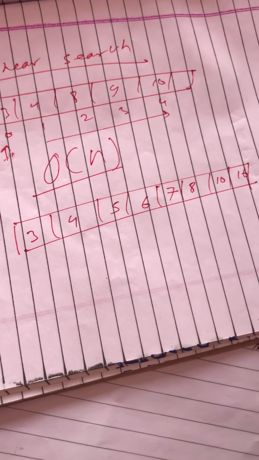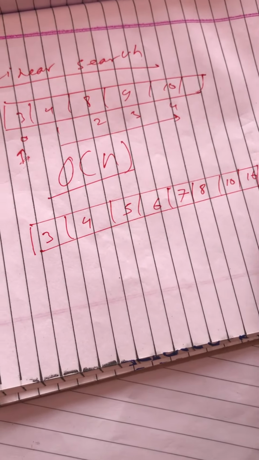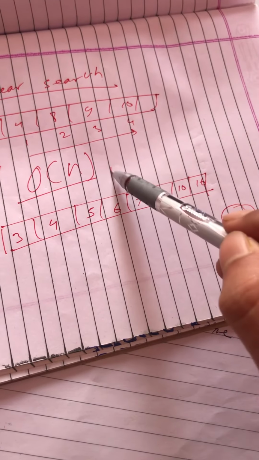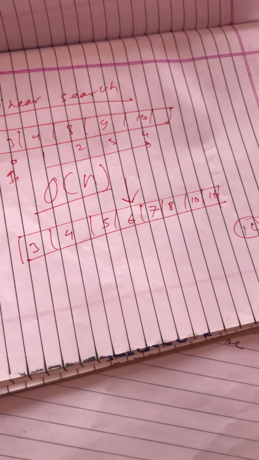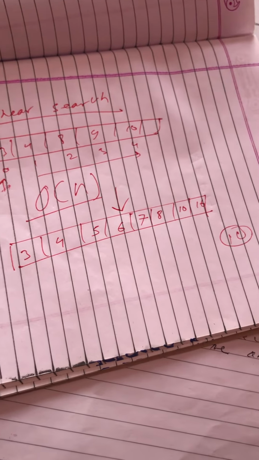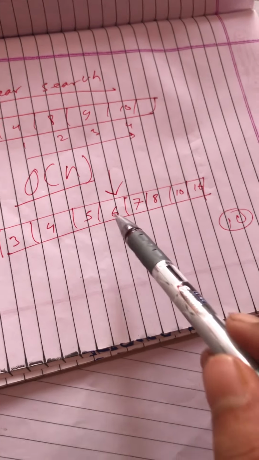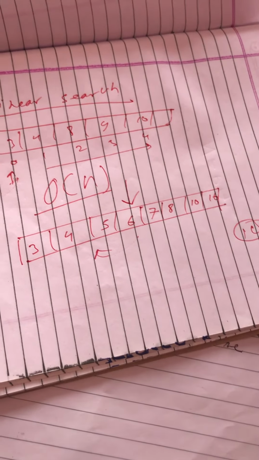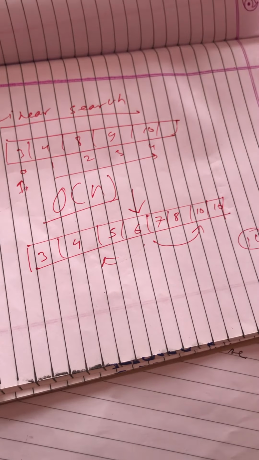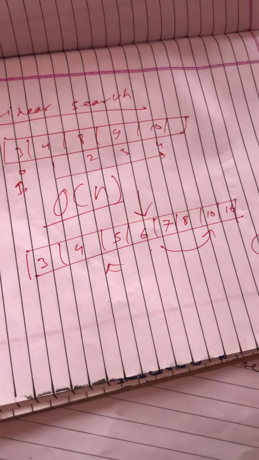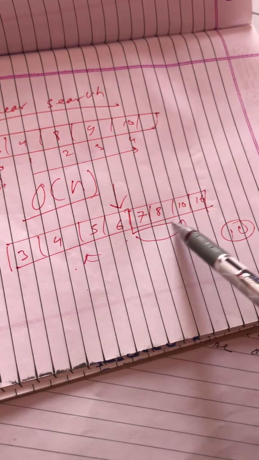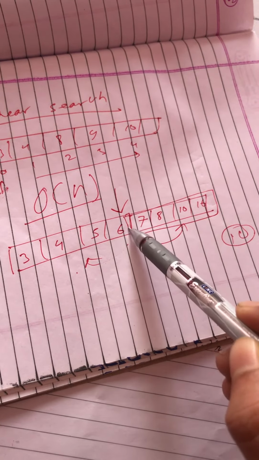For example, if we have to search 10 from here, then the middle value is first compared with the key value we want to search. If the key value is less than the middle value, then the left part is selected for searching. If it is greater, then the right side is selected for searching. Since 10 is greater than 6, we have to take this part for searching.